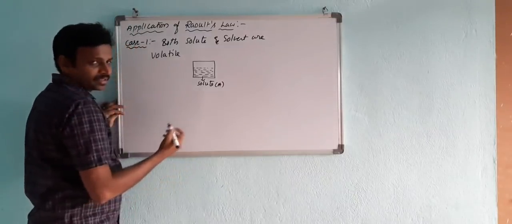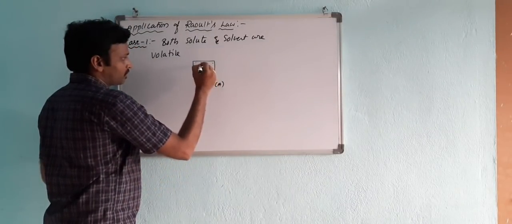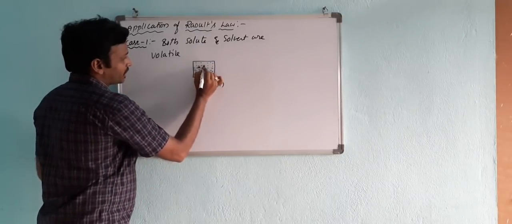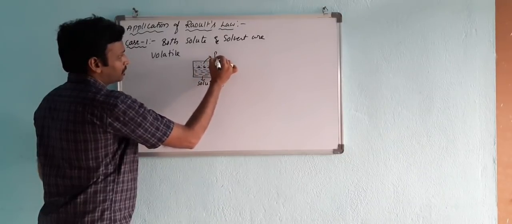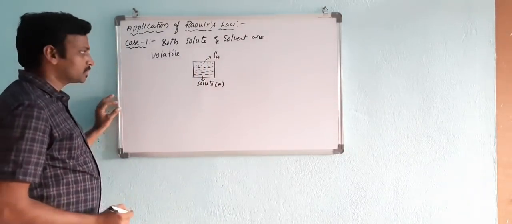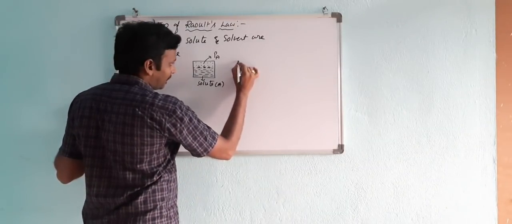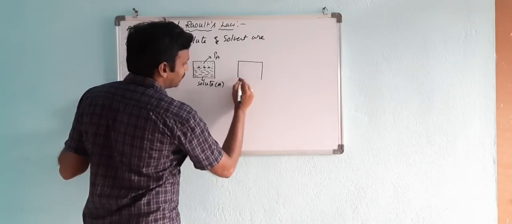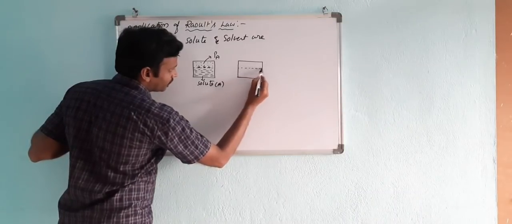Solute is A. On heating, you have solute particles in the vapor phase, and these will apply some pressure, which I am considering as PA. And I am considering another beaker with another liquid which is volatile, the solvent.